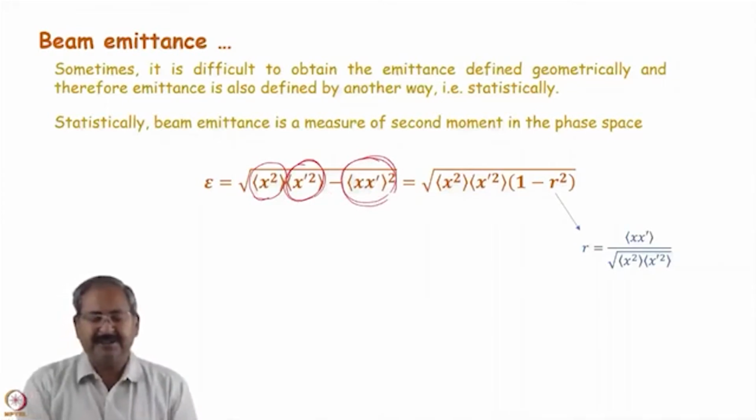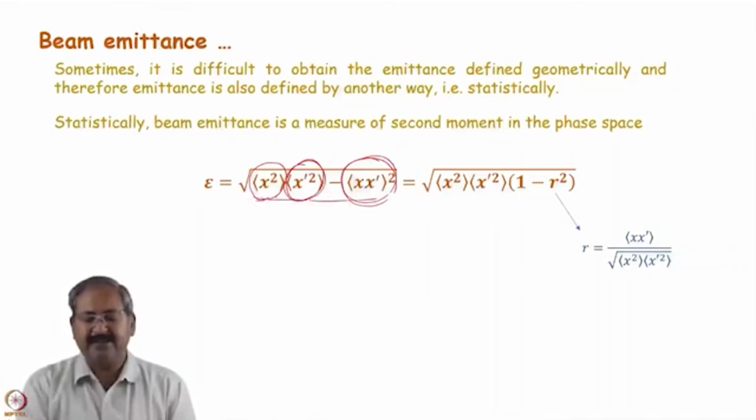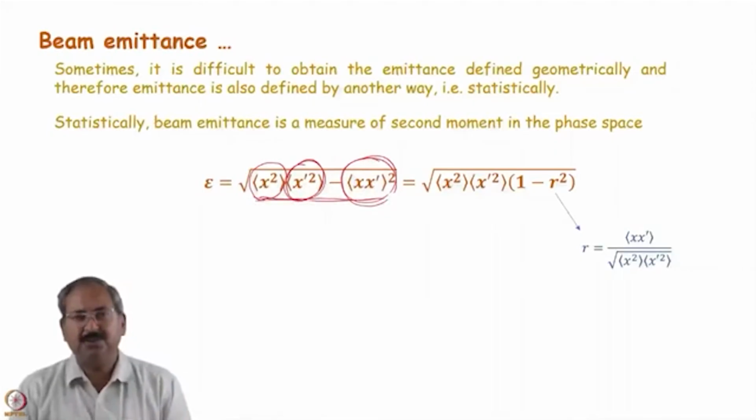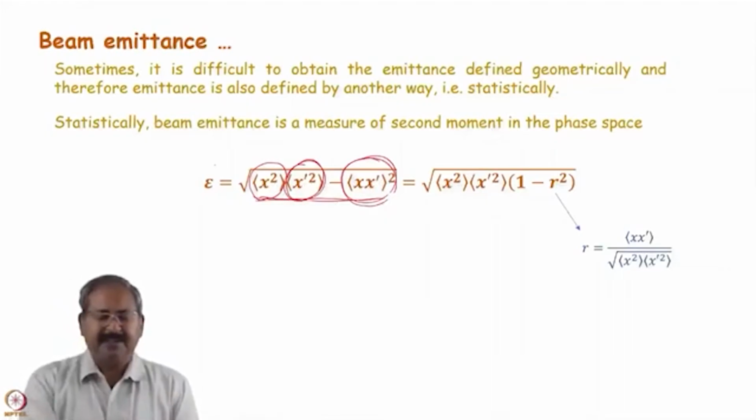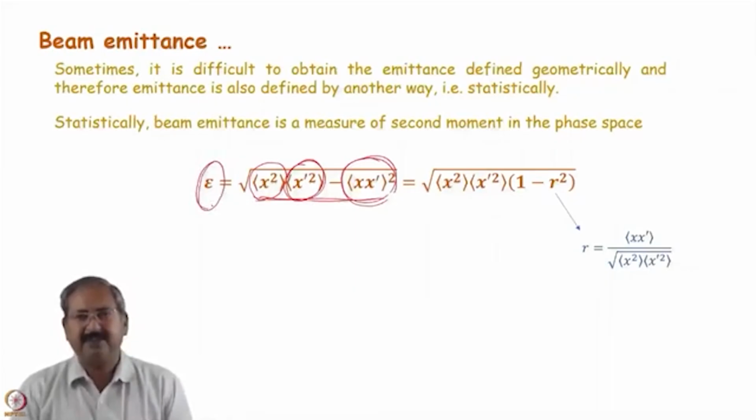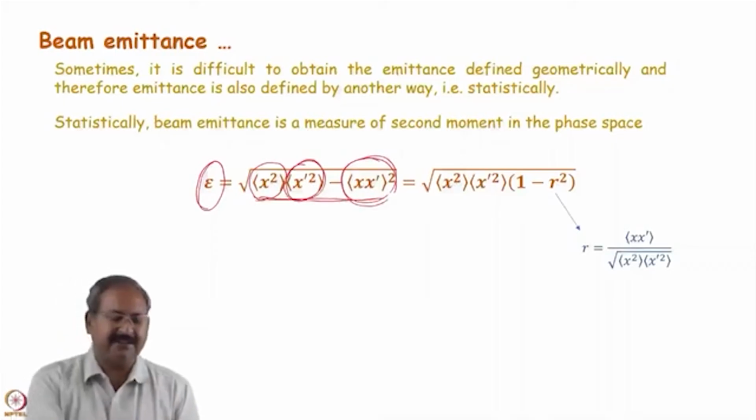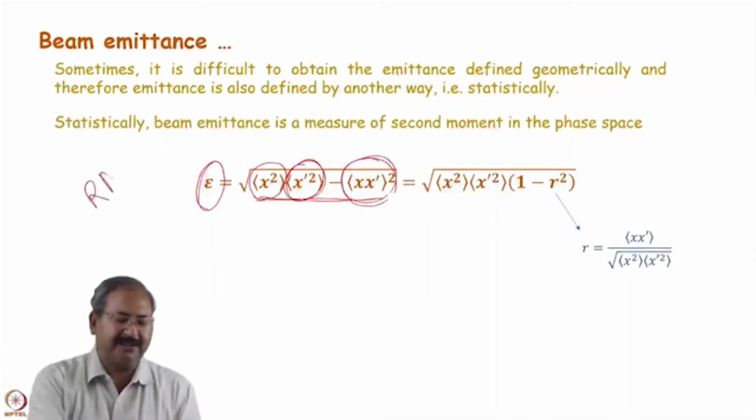So this is the second moment for the two-dimensional distribution. Basically emittance is a measure of the second moment of any beam distribution. If we calculate the second moment of any distribution, you will get the emittance. This is the statistical definition of the emittance and is generally known as RMS emittance.